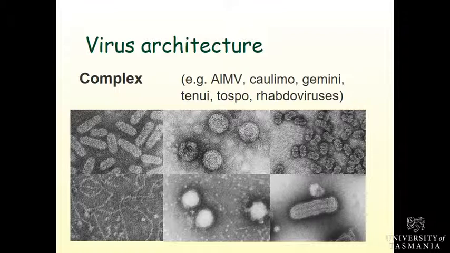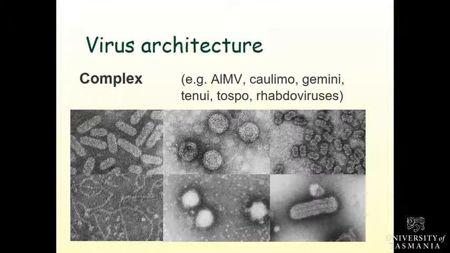So Gemini, the twins, it actually looks like a little twin. These are very, very important diseases, particularly in the subtropics and tropics, because they're mostly spread by whiteflies. And some of the most important virus diseases, particularly recently, are of that type.